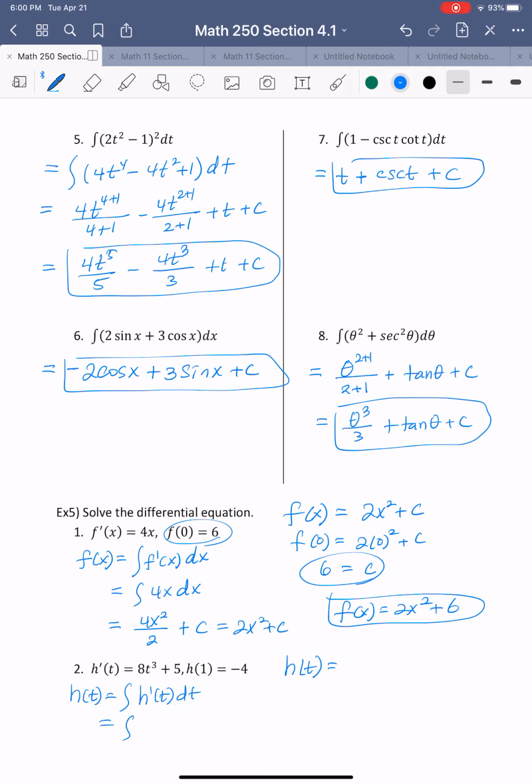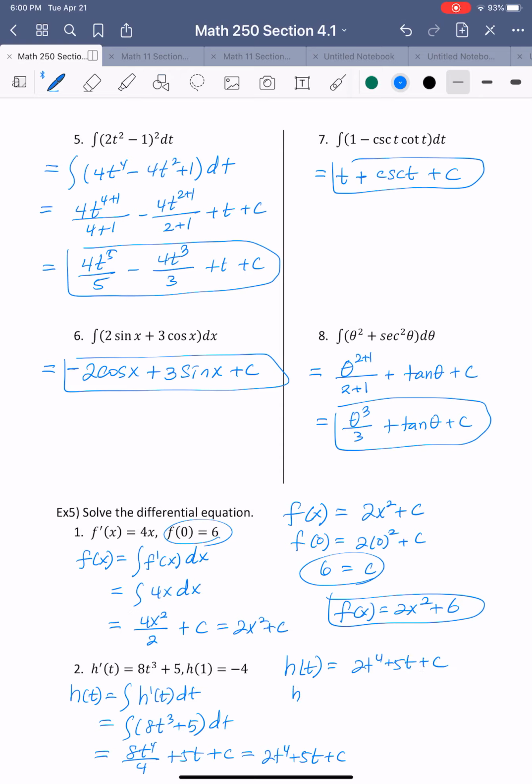And then h prime of t is 8t cubed plus 5 dt. And then it becomes 8t to the 4 over 4 plus 5t plus c, which simplifies as 2t to the fourth plus 5t plus c. So I got 2t to the fourth plus 5t plus c.